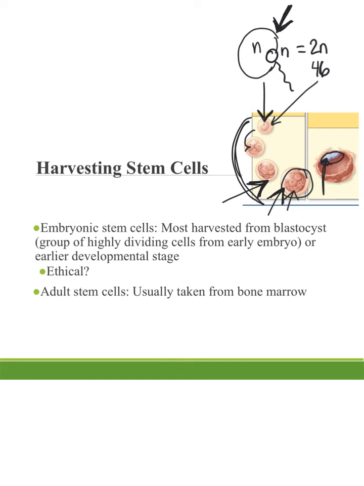Adult stem cells, most of the time we're talking about taking them from the bone marrow. So if someone has a type of cancer of one of the blood cells, you can remove all of their bone marrow, take healthy bone marrow from another person, insert it into the hollowed out space, and you allow those cells to divide and basically create the new population.